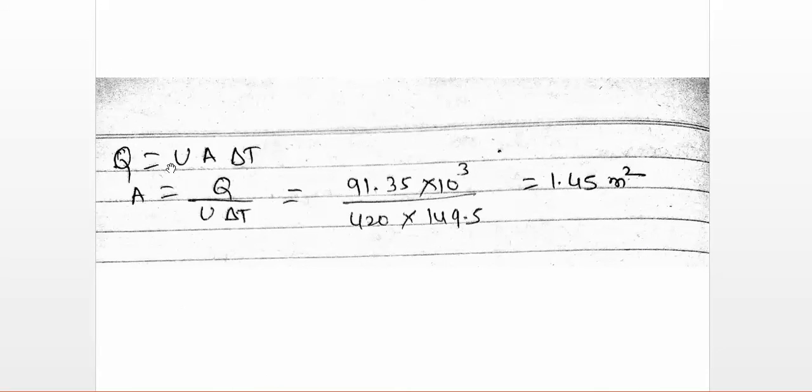Since Q is equal to U into A into delta T, area is equal to Q divided by U into delta T. We know Q is 91.35 into 10 raised to 3, the U value is given as 420, multiplied by delta T, that is the LMTD of the counterflow heat exchanger, 149.5. Just substitute the values and you get the area equal to 1.45 meters square.